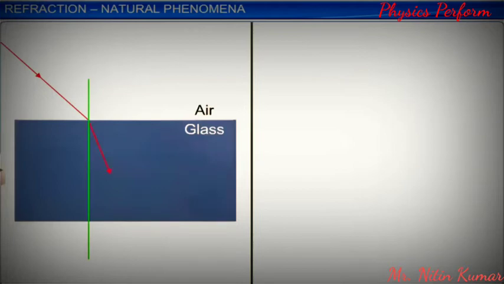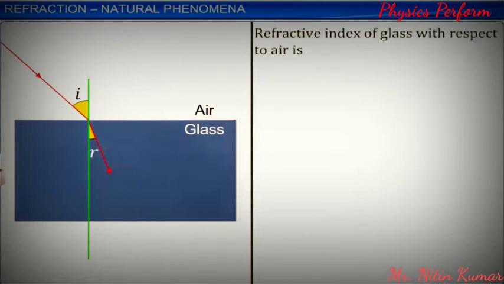Let the angle of incidence be I and the angle of refraction be R. If the refractive index of glass with respect to air is NGA, then, according to Snell's law, NGA is equal to sin I by sin R. Let this be equation 1.